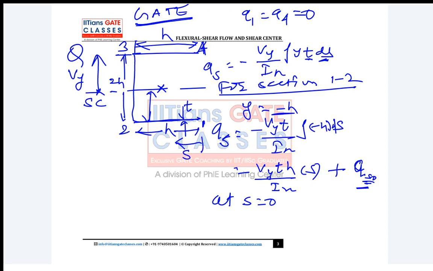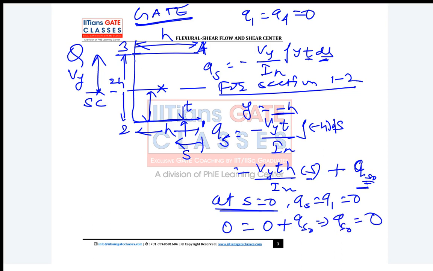So at section 1, at s equal to 0, Qs equals Q1, and it is 0. Substituting in this equation, 0 equals 0 plus Qs naught. So the integral constant is 0.